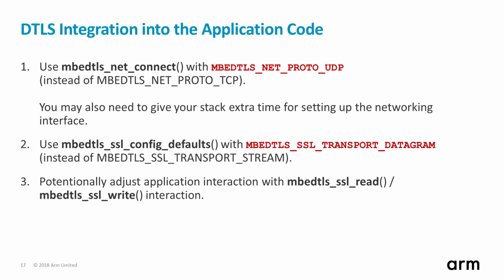Second, mbedtls_ssl_config_defaults is loaded with MBEDTLS_SSL_TRANSPORT_DATAGRAM instead of the stream version. Finally, depending on how your application protocol interaction looks, you might need to take the different semantics of a UDP-based protocol into account. This may have an impact on your mbedtls_ssl_read and your mbedtls_ssl_write interaction.